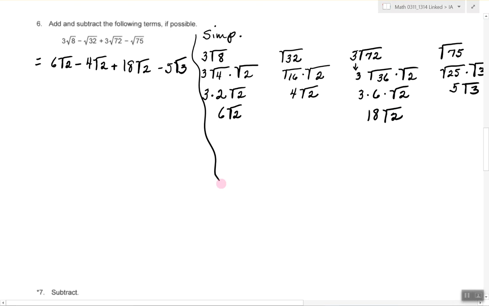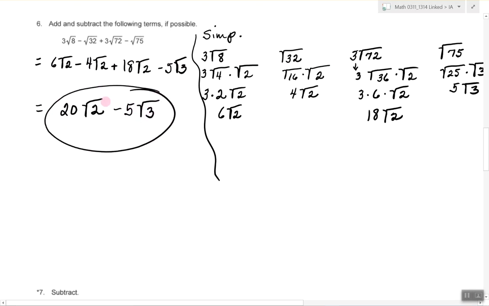All right, these are not all like radicals, but many of them are square roots of 2. So I have 6 minus 4 gives me 2, plus 18 gives me 20 square roots of 2. And then I don't have any like radicals for this one, so I just write minus 5 square root of 3. Now, I don't throw this work away. I keep it available so I can double check things.